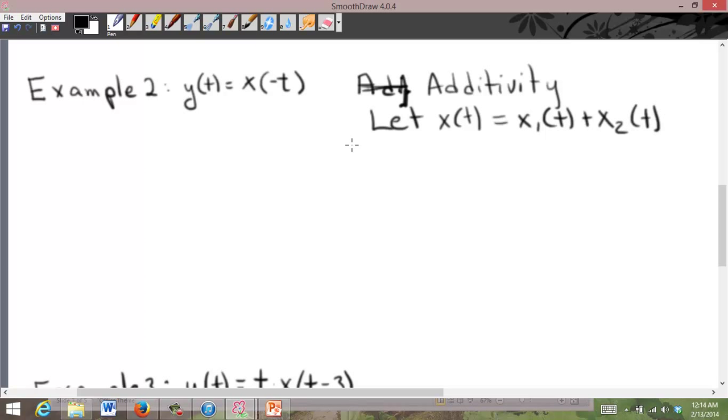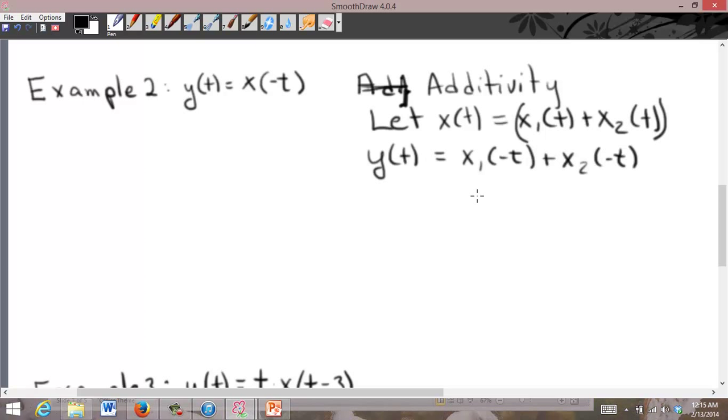Then y of t is equal to, again, this is what I'm plugging in, but now to time reverse, the only place that there's t's are here and here, so I time reverse each of these. So y of t is equal to x1 of minus t plus x2 of minus t, which is y1 of t plus y2 of t.